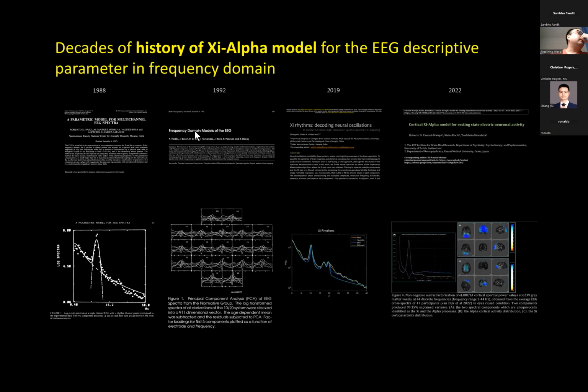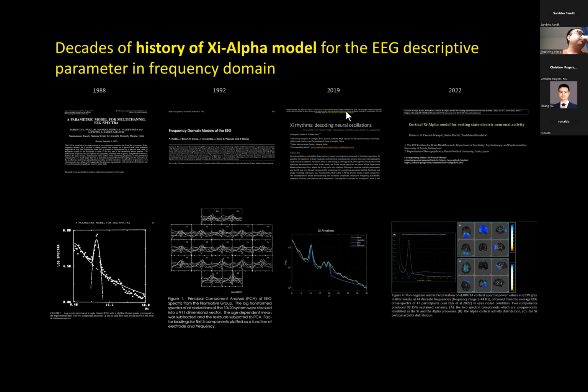And here is the history of the studies done by our lab. First is the paper from Pascual, who did the Xi-alpha model in 1988, and then the paper from Professor Pedro, who used PCA to find the Xi process, the short range, like the spherical harmonic noise process, and the alpha process, which has a long range coherence in the brain.